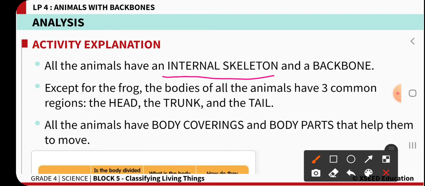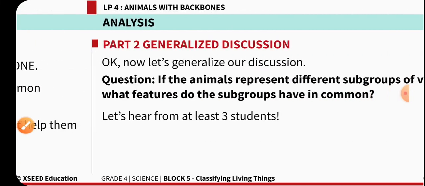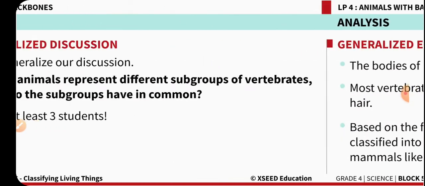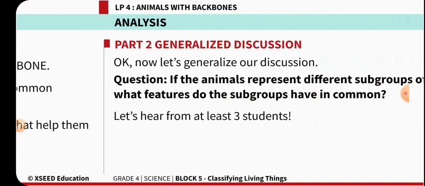Other than the frog, if you will see, one more common feature that we will find is that the animal's body is divided into mainly 3 parts. That is head, trunk and a tail. Okay. Yes. So now let us see this question. If the animals represent different subgroups of vertebrates, what features do the subgroups have in common? So now based on the features, all the vertebrates even can be classified into some different subgroups.